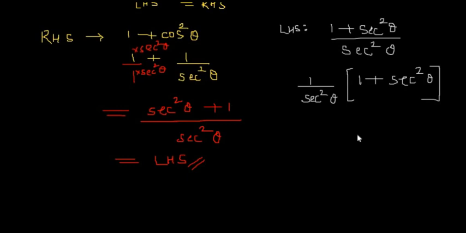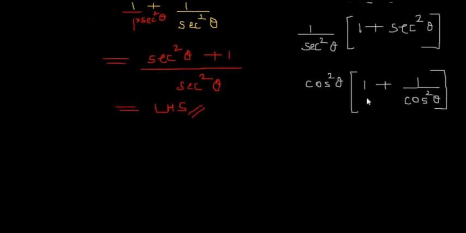Now 1 over sec square theta is written as cos square theta using the reciprocal identity, and here sec square can be written as 1 over cos square. So we are changing all the sec square terms to cos square. Using the LCM again, this is times 1. I'll multiply here with cos square theta, and here I'm going to multiply with cos square theta, and here with 1 and here with 1.